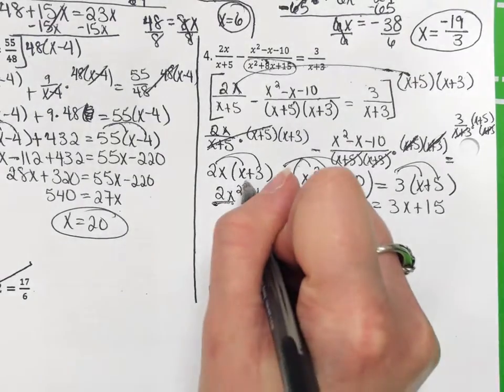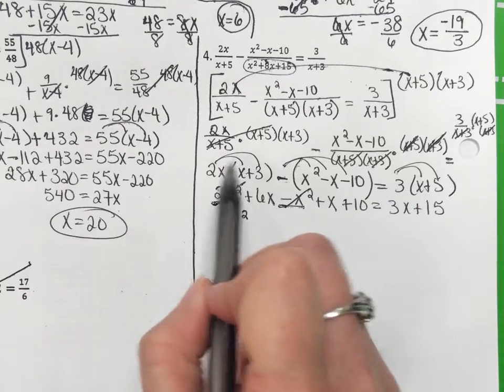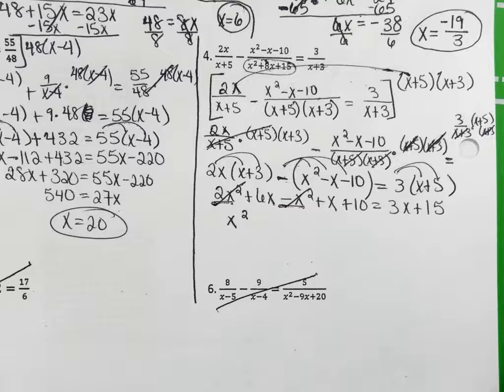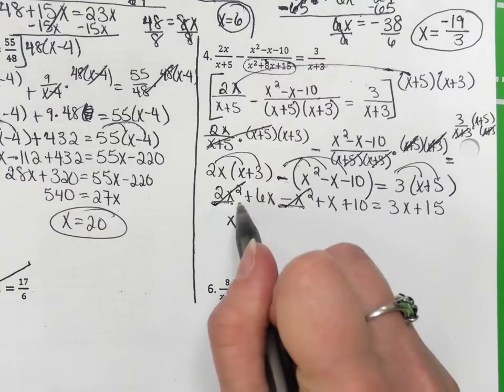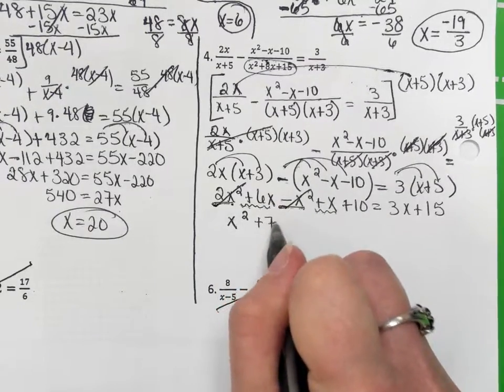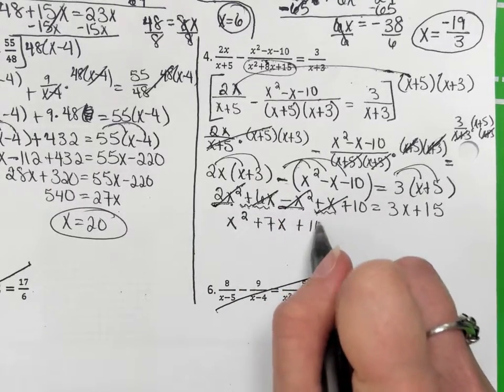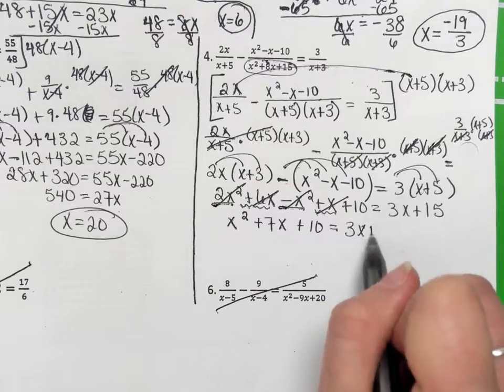Alright, what else do you see we could do? How'd you get 6x? Distribute the 2x. Oh, 2 times 3. What else y'all see we can do? 6x plus x is a positive 7x. And then bring down your plus 10 equals 3x plus 15.